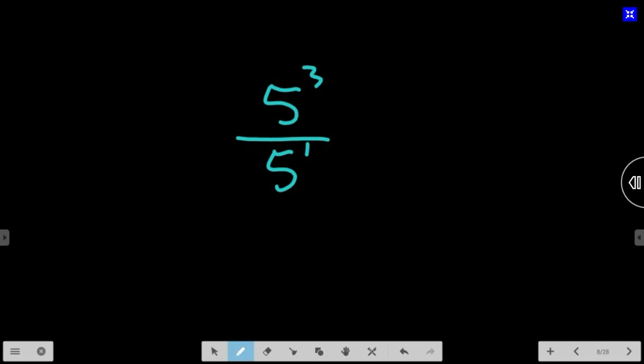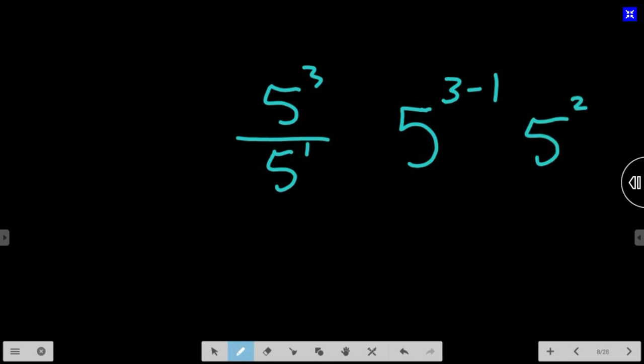Okay. We are on problem 15. Please, I do not have time to wait for you to have your conversations. That's where you're losing your time. Look at problem 15. What does it say for rule 2? Quotient rule, do what? a to the m minus n. So what should I do with this? 5 to the 2nd power.